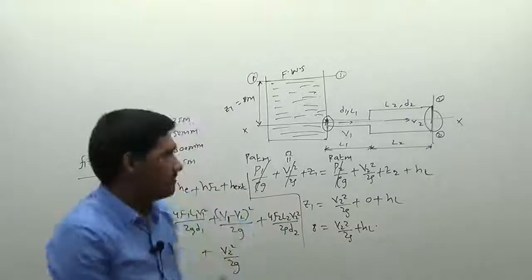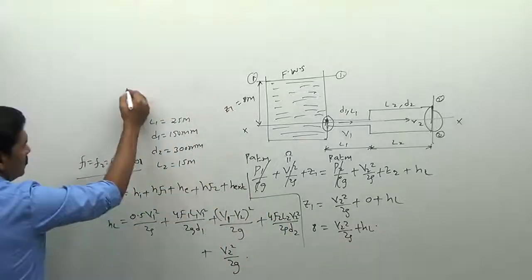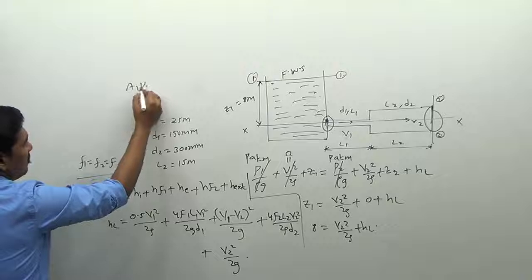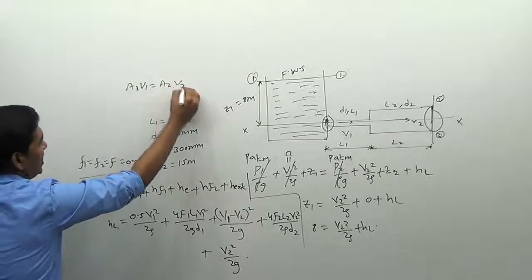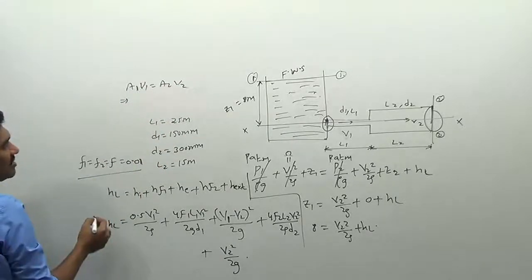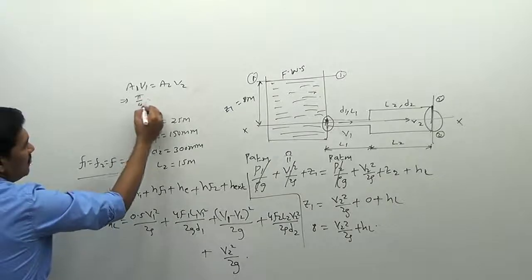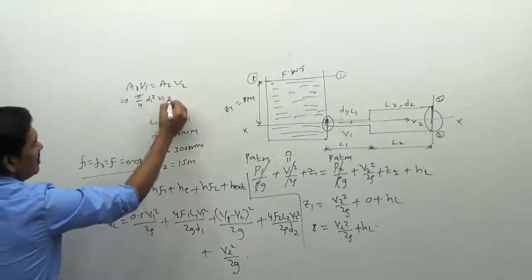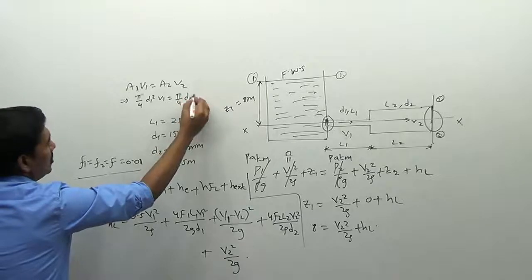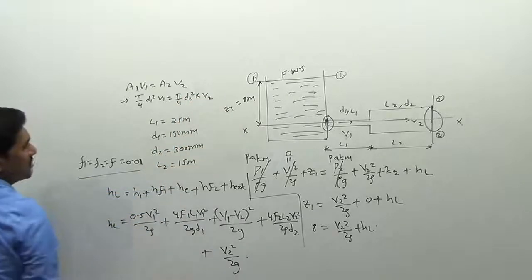We have one relation: the flow is constant, from the law of continuity equation. Therefore I can write A1 V1 is equal to A2 V2. So pi by 4 into D1 square into V1 is equal to pi by 4 into D2 square into V2.